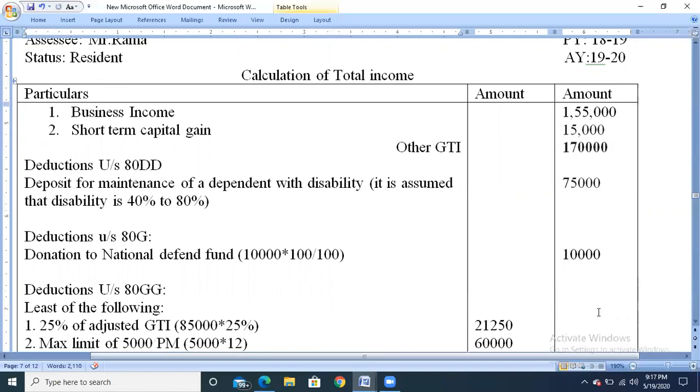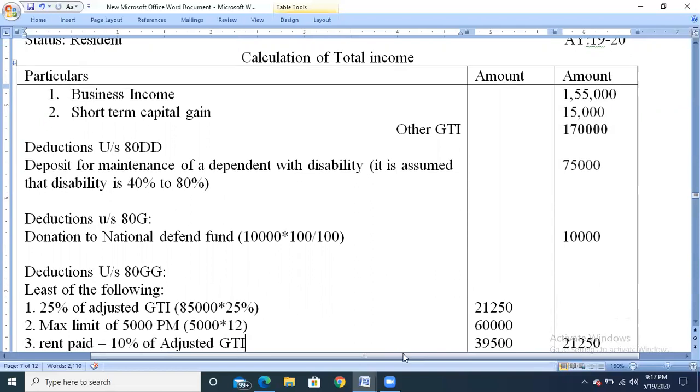So he is eligible to claim the deduction under section 80GG. The deduction amount will be the least of the following: 25% of adjusted gross total income, maximum limit up to 5,000 per month, and rent paid minus 10% of adjusted gross total income.